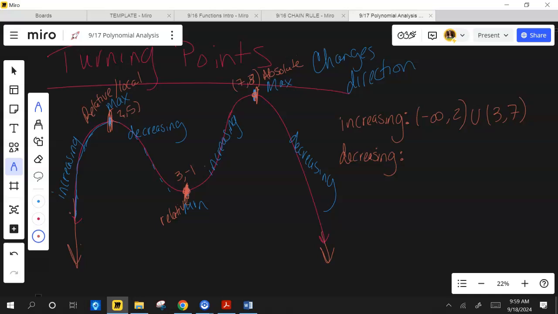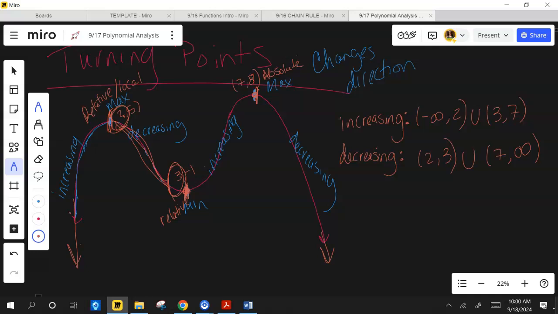From 2 to 3, I'm looking at the x's, right? From 2 to 3, that's decreasing. And then from 7 to infinity. It's always changing at turning points.